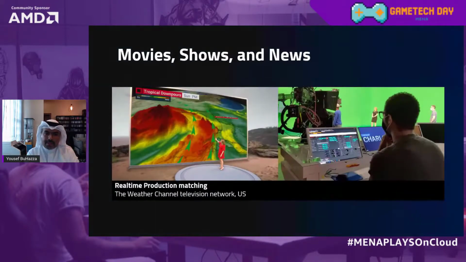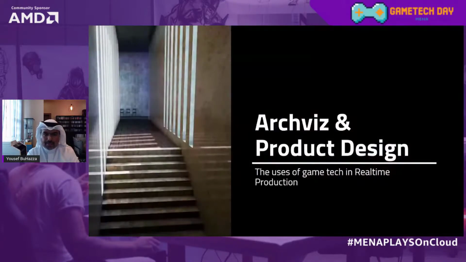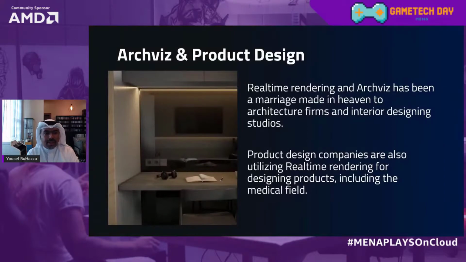The Weather Channel in the US is utilizing real-time video game technologies to have virtual sets that are larger than life. Architectural visualization has benefited a lot, as architecture firms are now able to visualize their designs to clients and make modifications on the fly.